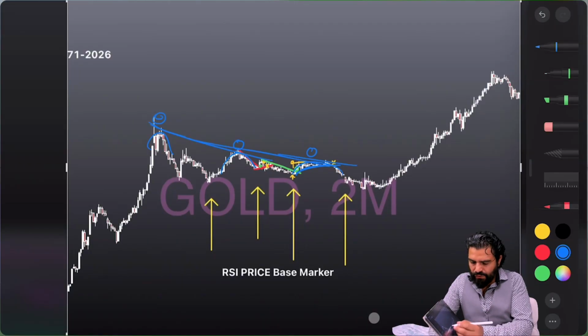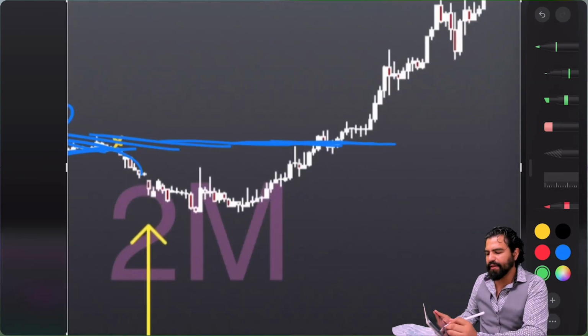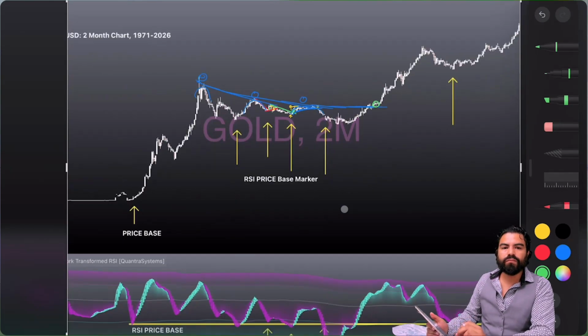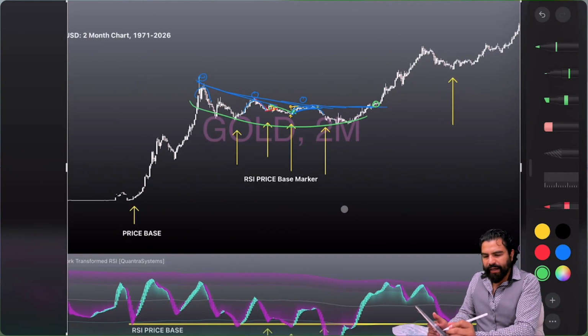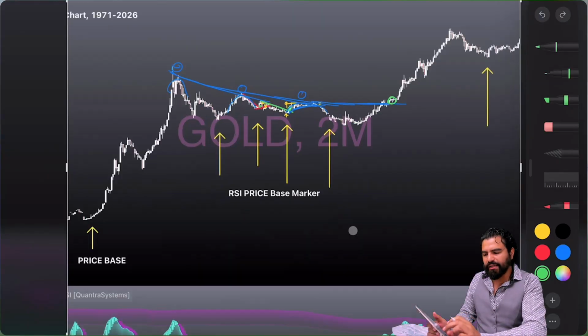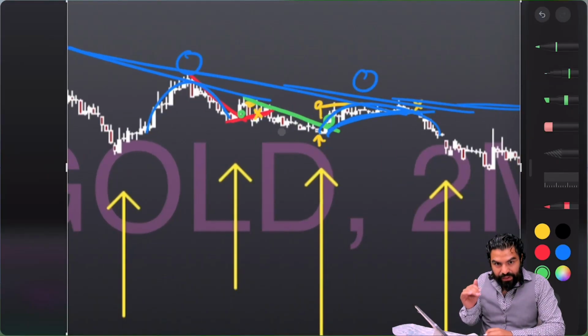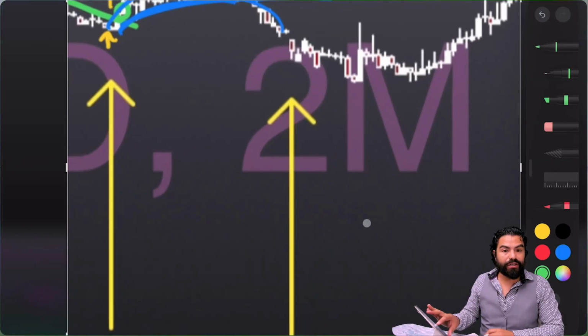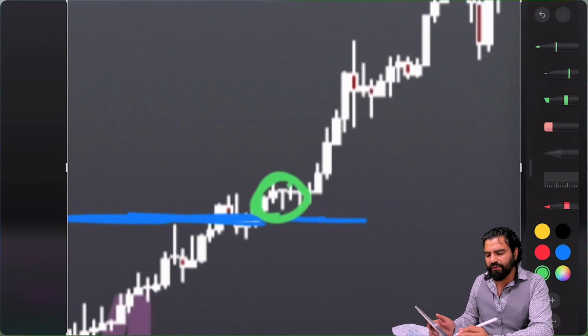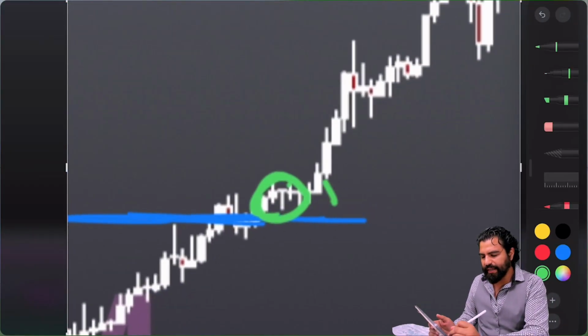The whole move in its entirety triggers a larger health here. If these are bottoms, we're not so concerned with the individual micro trades, especially on a 2-month chart. We're looking for the larger entry in its entirety.